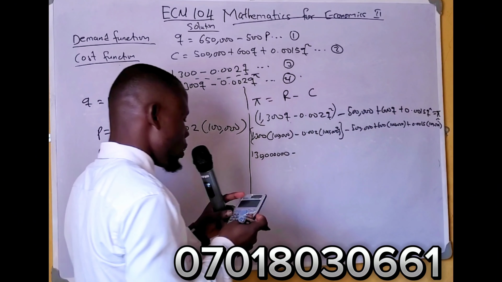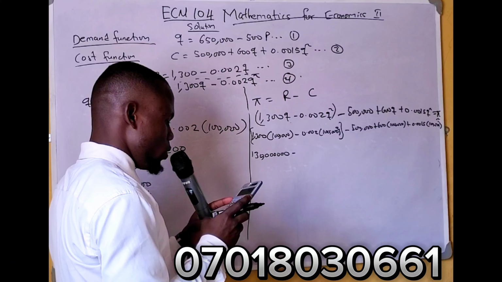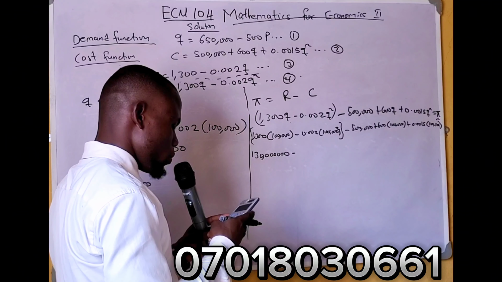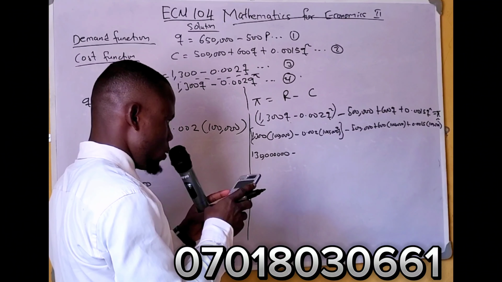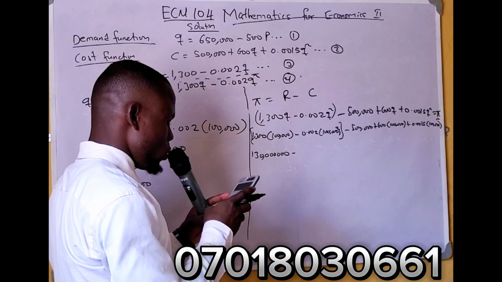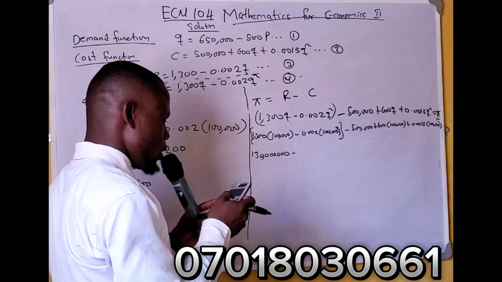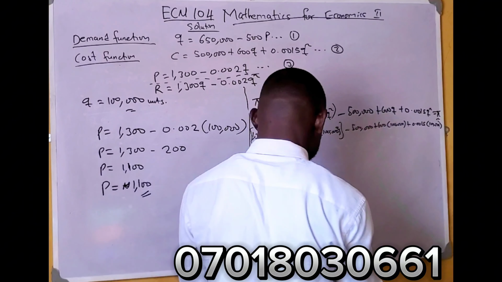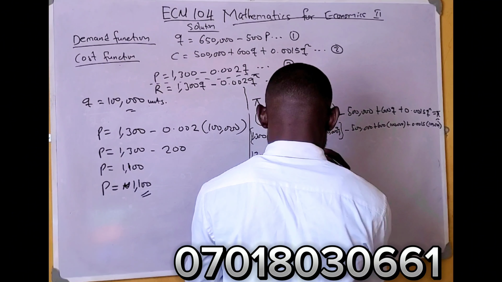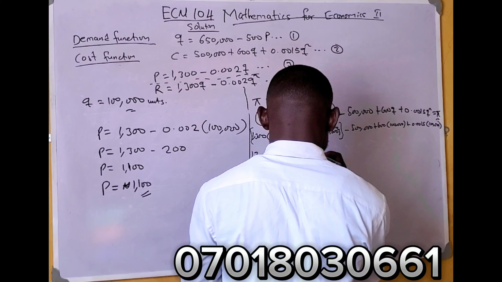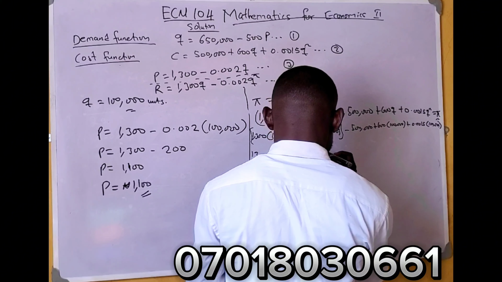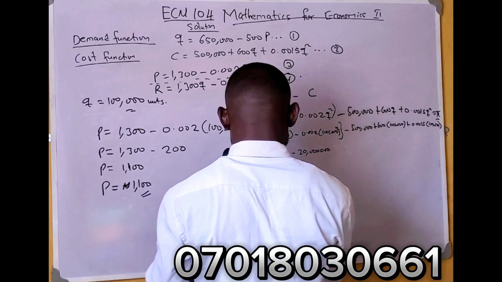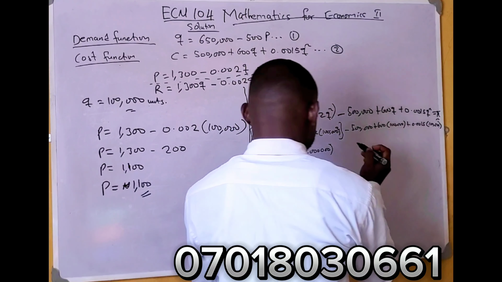Minus 100,000 raised to power 2 times 0.002. What does that give us? That gives us 20 million.